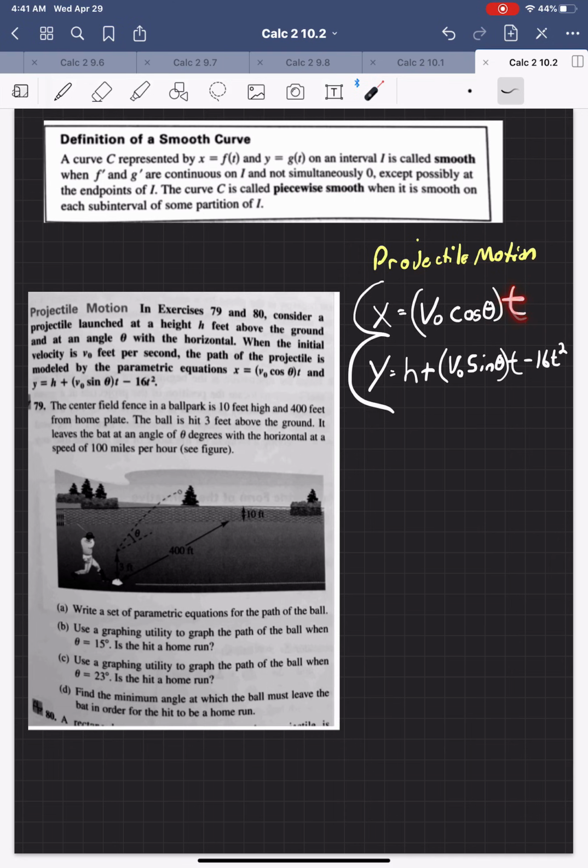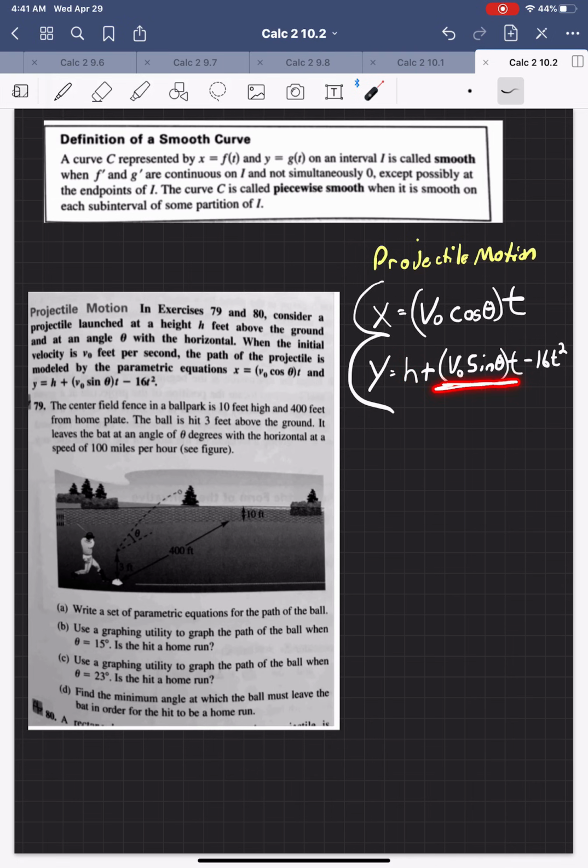All right, now for y, very similar, except you would have an initial height, because unless you hit the baseball on the ground, you would have made contact with the baseball at some initial height. That would play a role in how far it travels vertically.